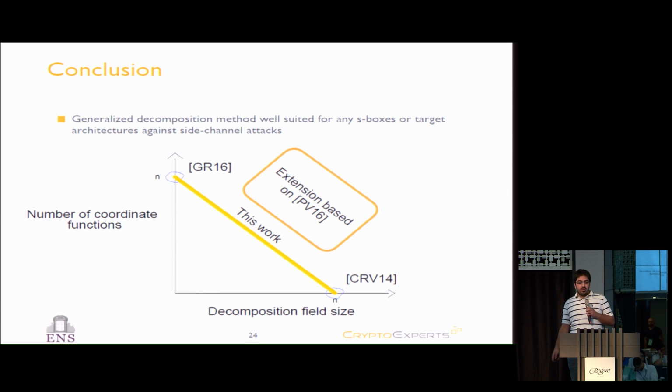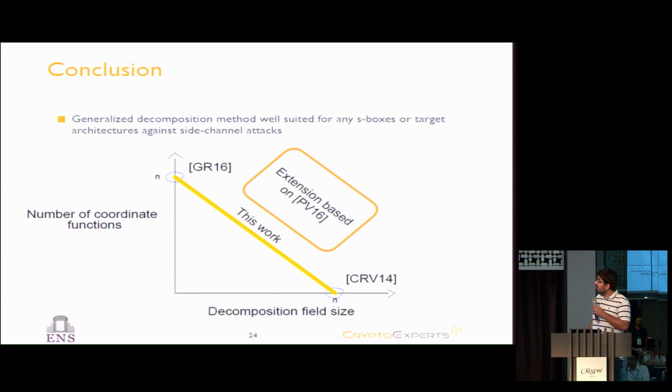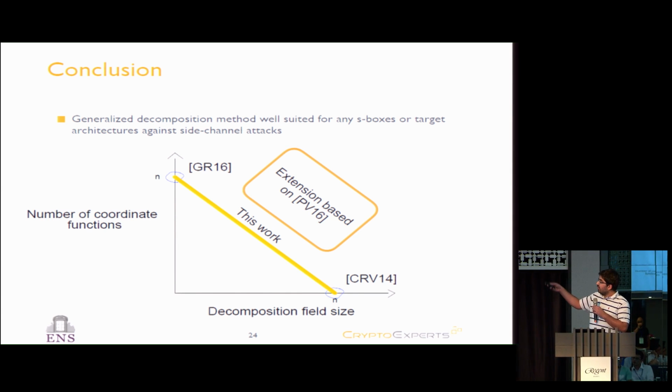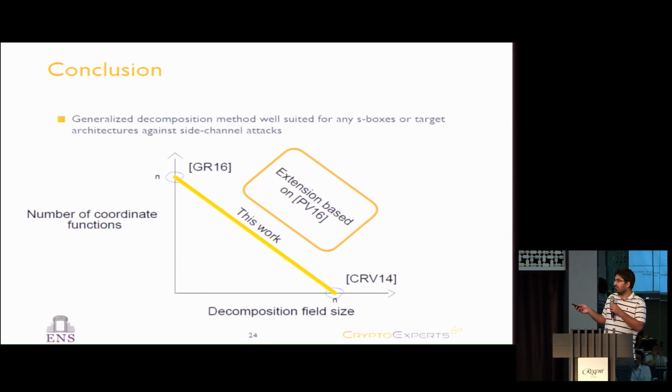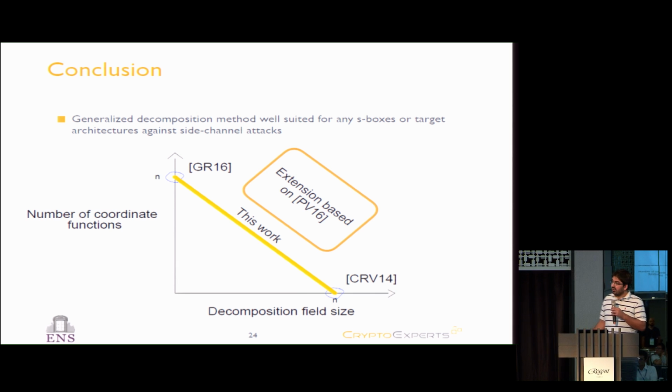Finally, in this work, we did a generalized decomposition method that is well suited for any S-box. What we did is close the gap between the Boolean case and the full field, where we did all the possible fields in between, and we also did an extension to work on bigger fields, where the size of your element doesn't necessarily divide the input or the output of the S-box, and this is based on the paper from Srinivas last year at CHES.